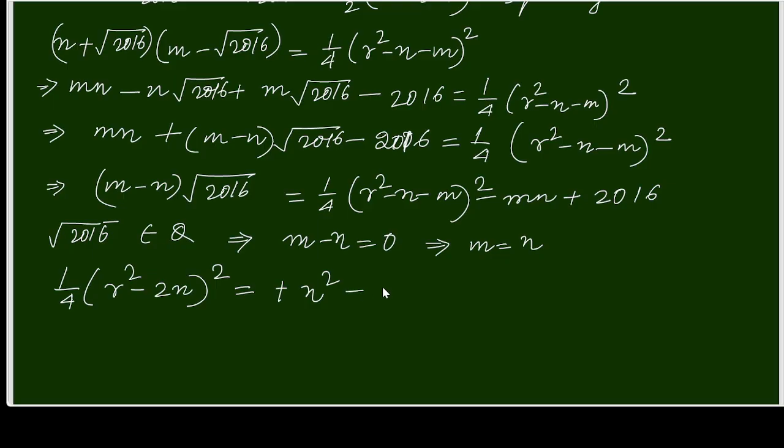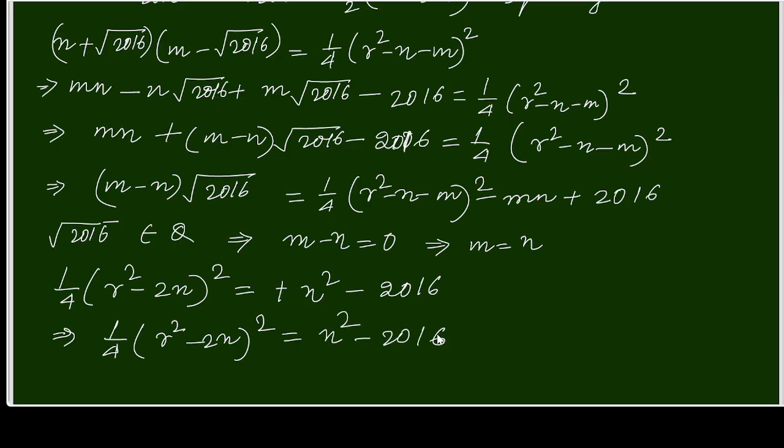minus n square plus 2016. So 1 by 4 (r square minus 2n) whole square equals n square minus 2016.